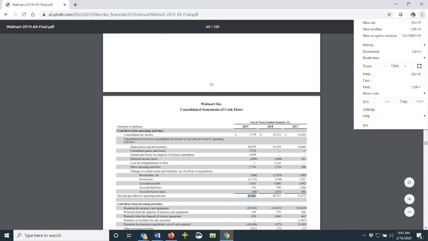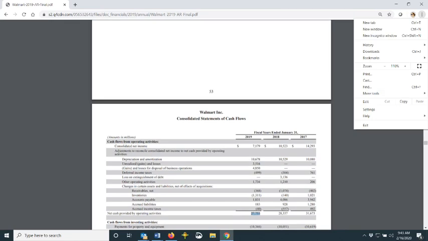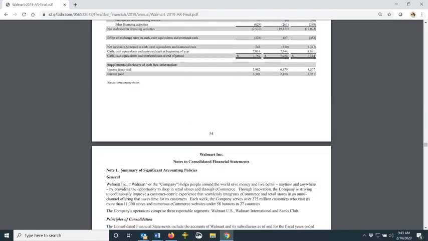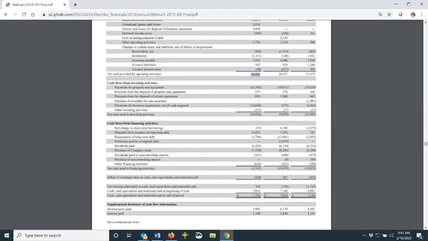So hopefully you can take some time to look at a live financial statement like this to try to understand what's in there. Understand, too, that the bottom line here is that their cash went up $742 million from the beginning of the year to the end of the year, and that this is the crucial piece that we are focusing on.